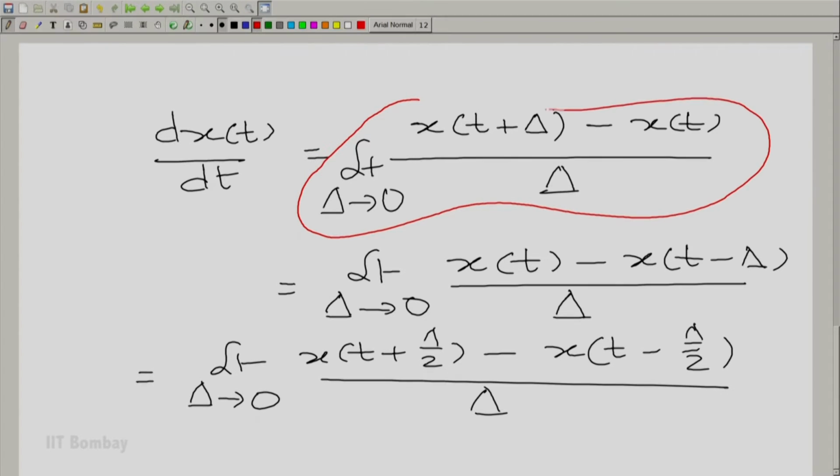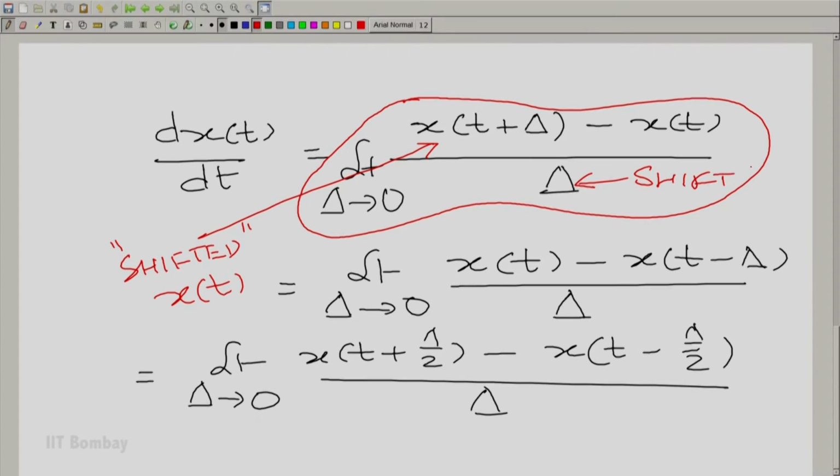So, let me illustrate what I am saying by referring to the specific expression that I have written here. You know, what I am saying is that here, unlike what you might understand in traditional calculus, where you say you are looking at the change in the function as it goes away from t, we are interpreting this in the language of signals and systems and calling this a shifted version of x(t), and this is the shift.